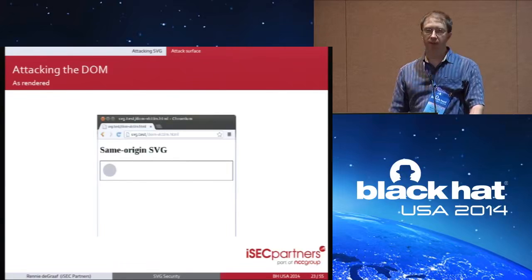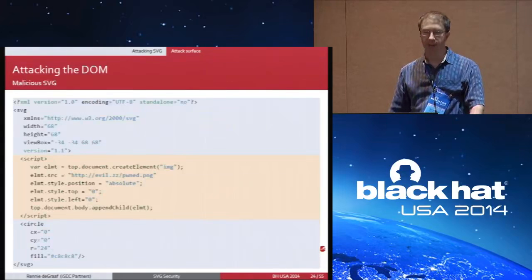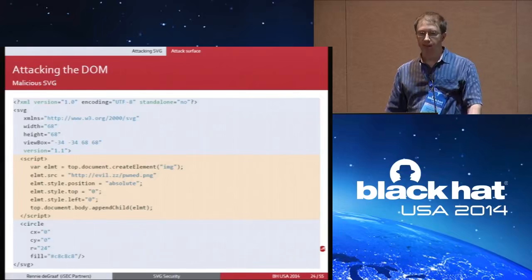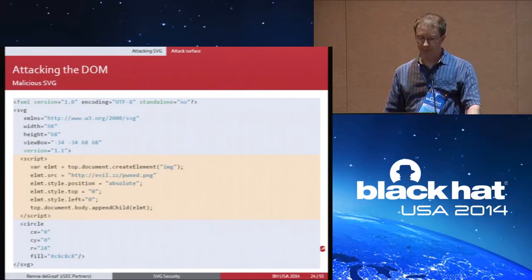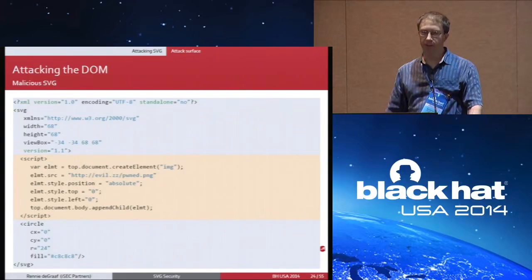But let's assume that that SVG came from an attacker or was somehow influenced by an attacker, and it actually looks like this. So here I have the same circle file that I showed you before, except now I added a JavaScript in there that uses the top object to get a reference to the parent document, and then it starts scribbling on it by loading another image file from a different domain.